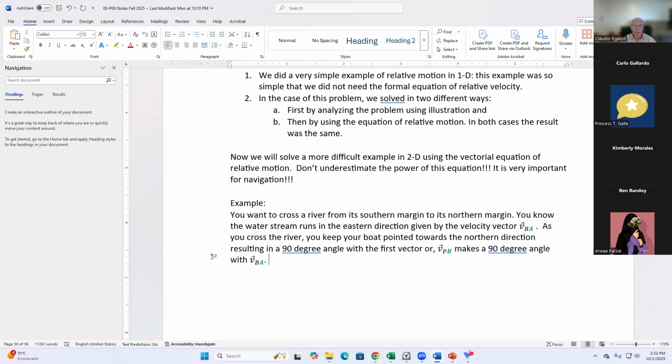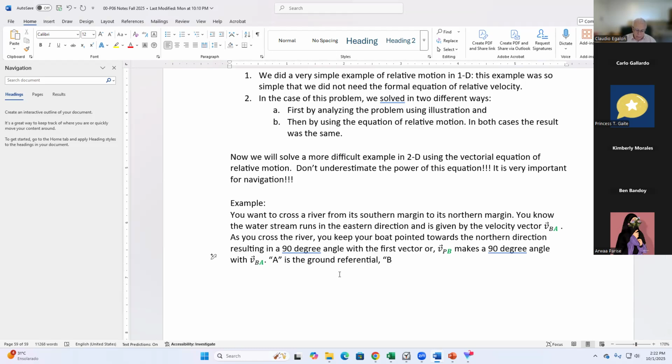You want to cross a river from its southern margin to its northern margin. You know that the water stream runs in the eastern direction and is given by the velocity vector VB with respect to A, right? A is the ground referential.